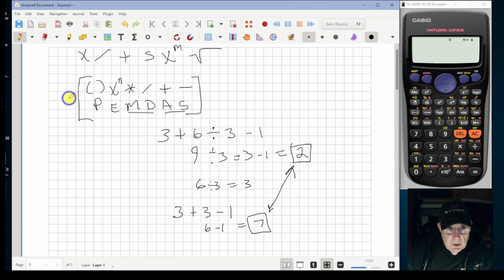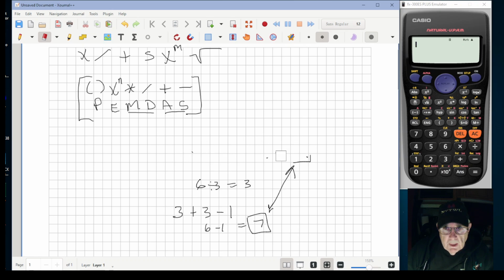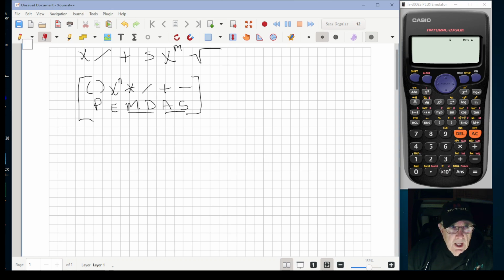Okay, this is the order. Now, what if you're putting together expressions, or maybe somebody else has, and writing a complicated one where you're doing multiple steps in the expression?